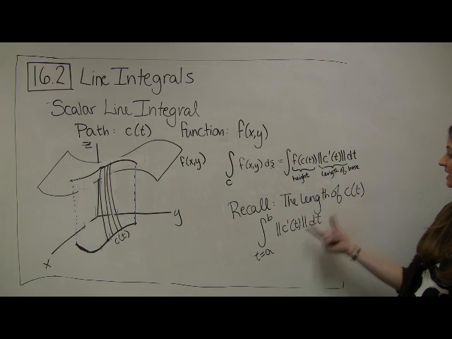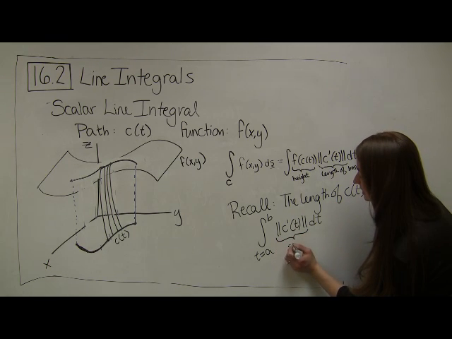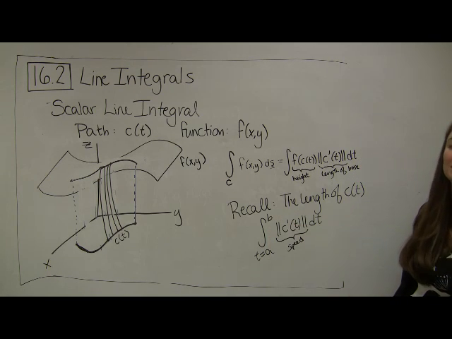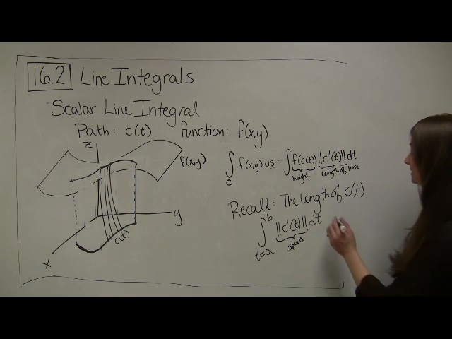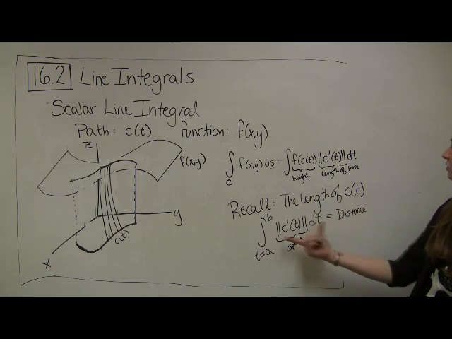The length of c of t is the speed, that's what this represents, and then you're adding up that speed along all of these different times. If you know how fast you're going and how long you're going, this gives you a distance. We call this the arc length, the length that you've traveled.